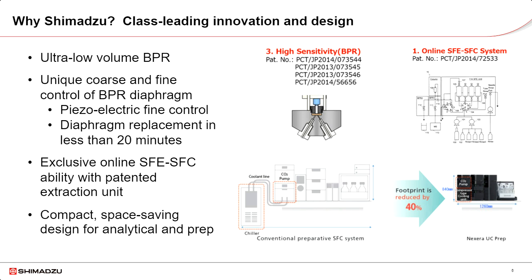In an effort to make SFE and SFC more accessible to a wider range of users, Shimadzu has introduced a number of innovative systems, from our ultra-low volume back pressure regulator to our exclusive online SFE-SFC system for analytical coupling with mass spectrometry, and our compact benchtop semi-prep systems for purification.